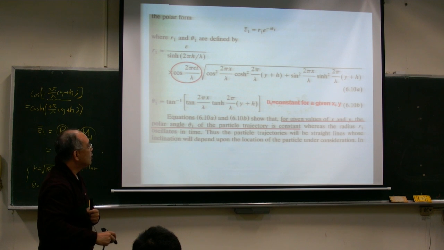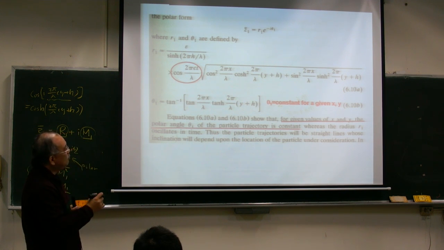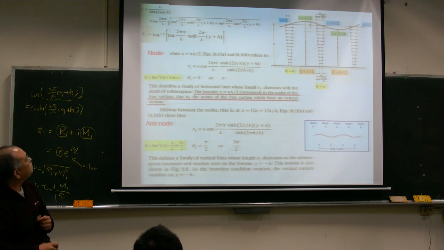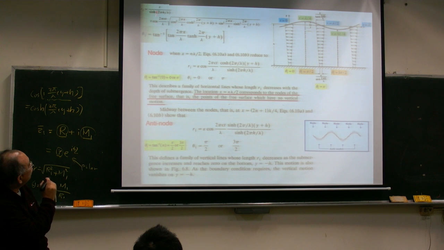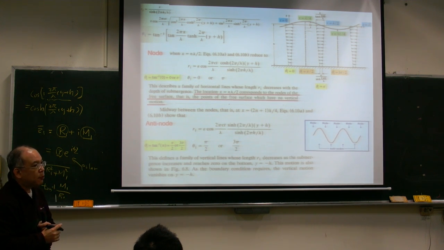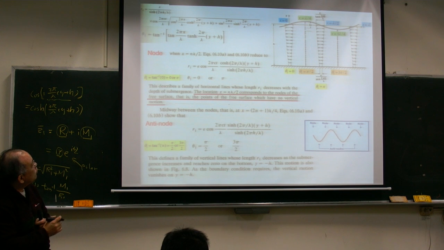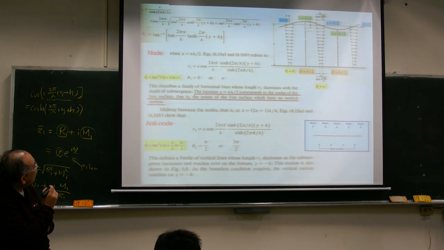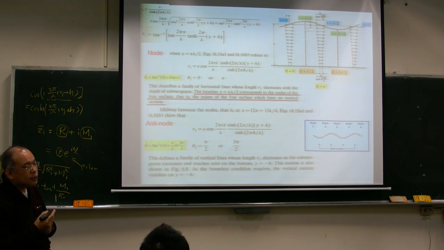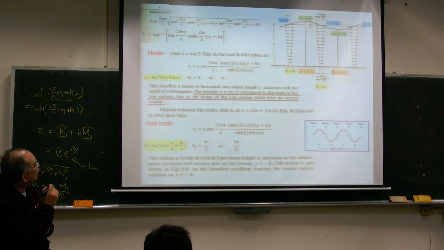As you can see here, once I give a given x and y location, for example, here, this is just R1 and theta 1. We just write these two equations from the previous transparency. When x equals n lambda over 2, this spatial location, what happened?